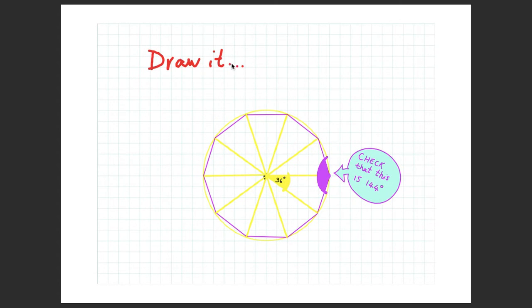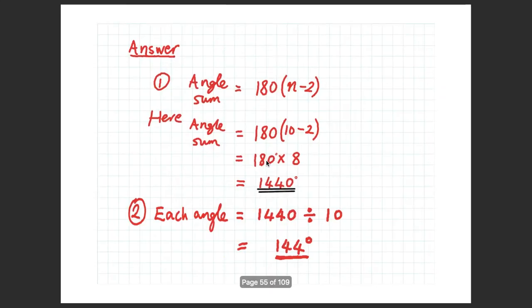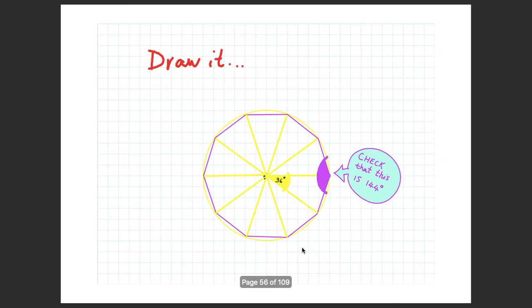And then we can draw it. Well, a top tip for drawing that: instead of trying to do lots of 144s and measure them, if you try and do that, you'll almost certainly end up with something that doesn't quite meet up when you get back round to the beginning.